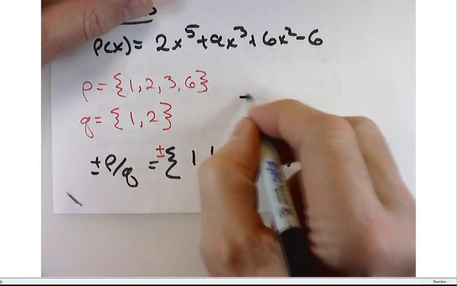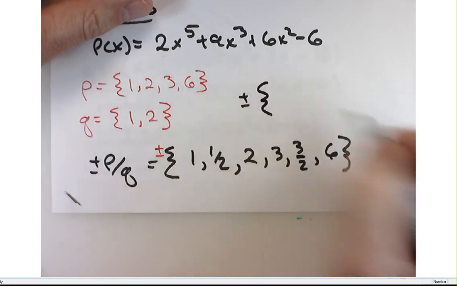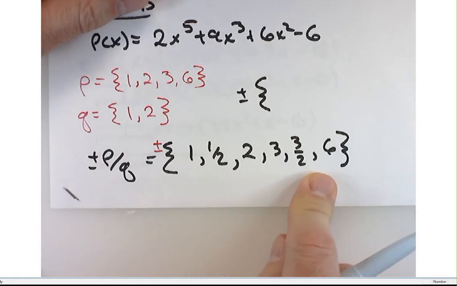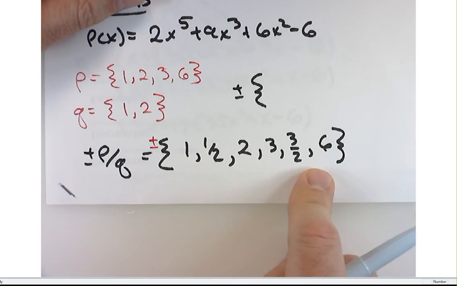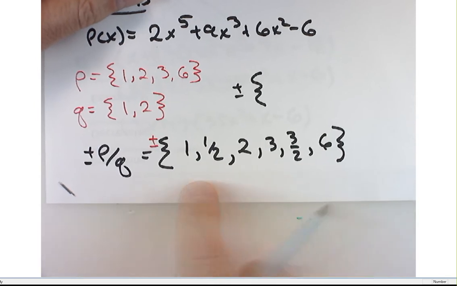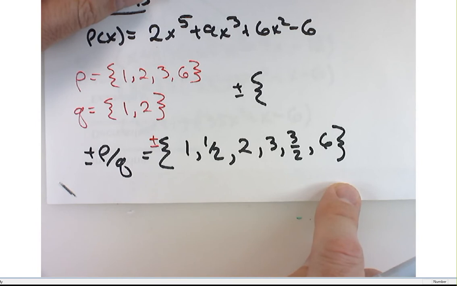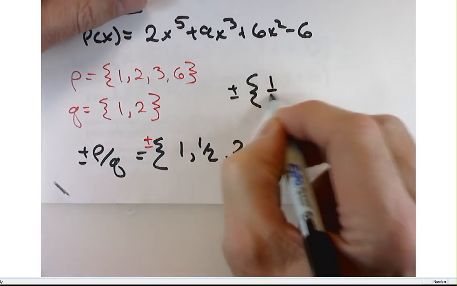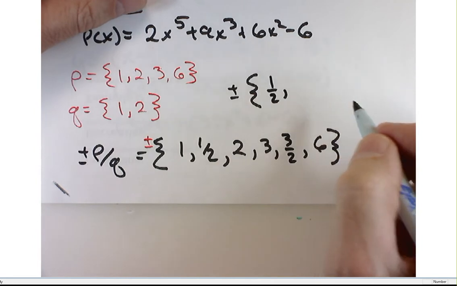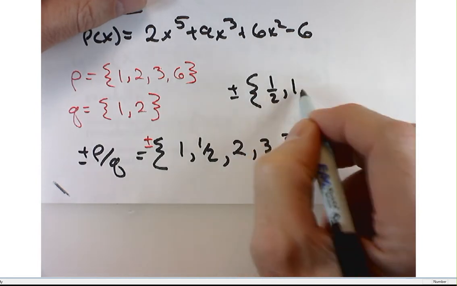I'm really happy if you take the time to write it in order. There's actually a surprisingly large number of orders you could write this in. There's 720 different orders you could write these 6 numbers. So, wow. It makes it easier on me when you put them in order. I'm not going to ask that you necessarily do that. So it'd be 1/2, then 1, then 2.